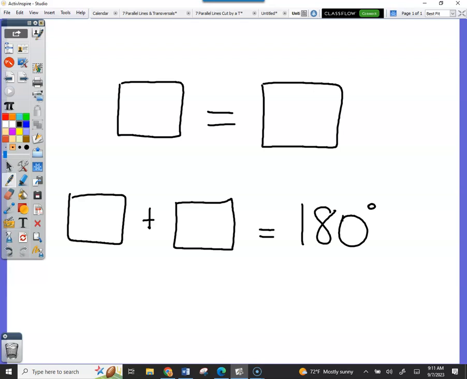Okay, go to the second worksheet. We're going to practice identifying which angle would be congruent to which one. Now, I need you to know there are multiple right answers here.